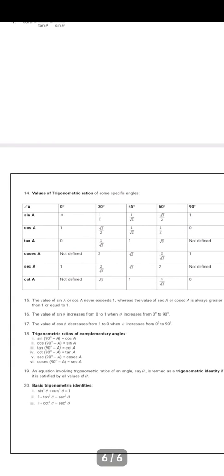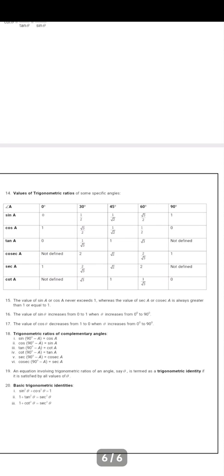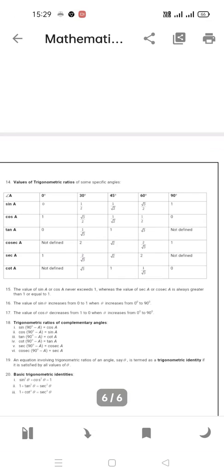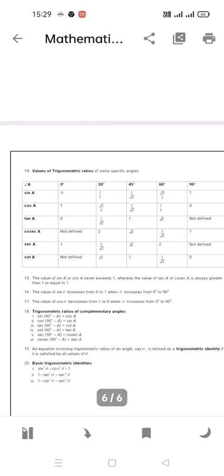Whereas the value of sec A and cosec A is greater than 1. That is, 2 is coming, and 2 is greater than 1. So here it is telling that the value of sine A and cos A is never greater than 1, while the value of sec A and cosec A will always be greater than 1 in the trigonometric table.